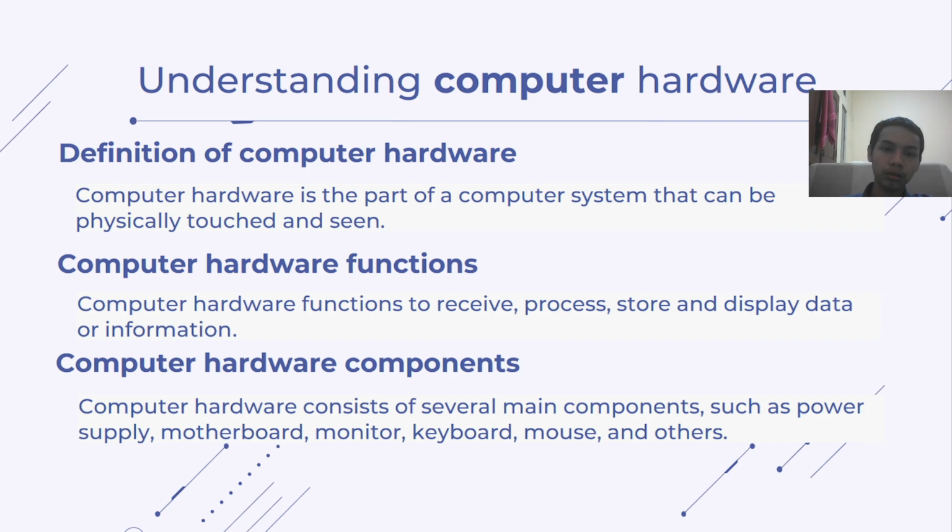The next, storage hardware is a type of hardware that functions to store data in the long term. There are two main types of storage hardware in a computer system, namely internal non-volatile storage (SSD) or HDD, and volatile storage, RAM.